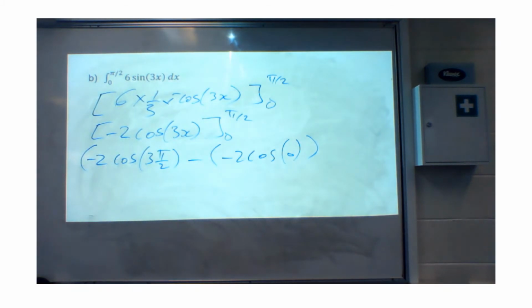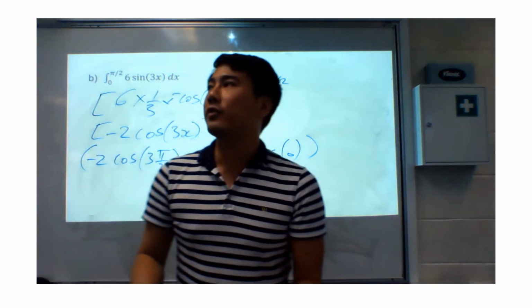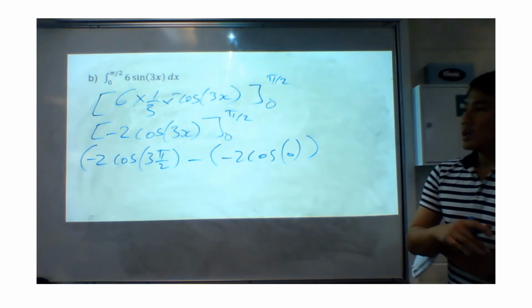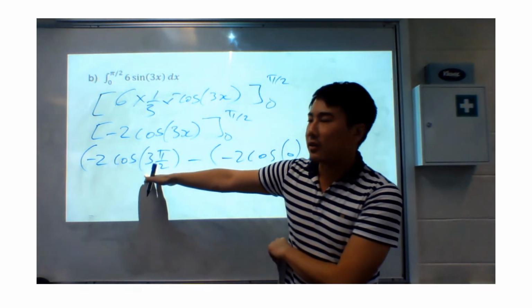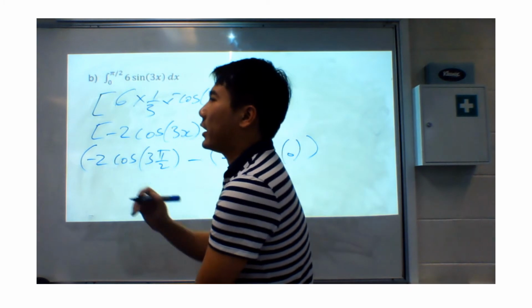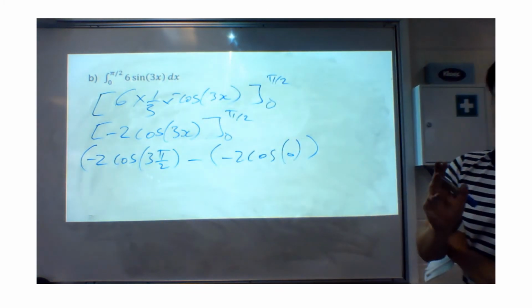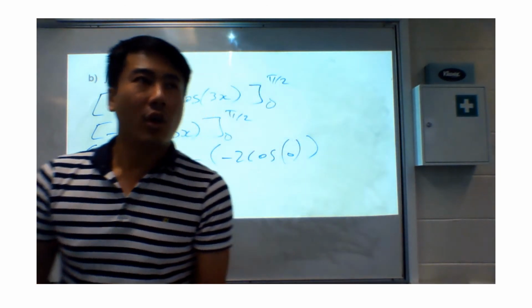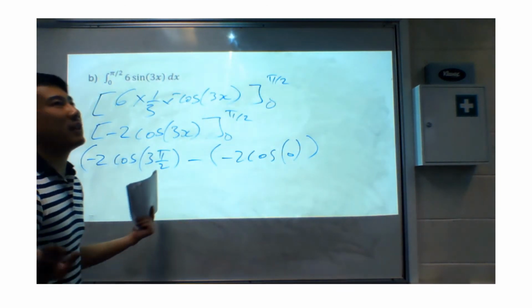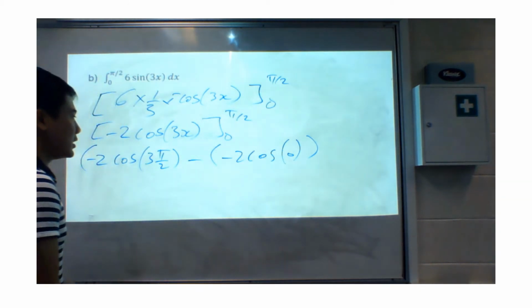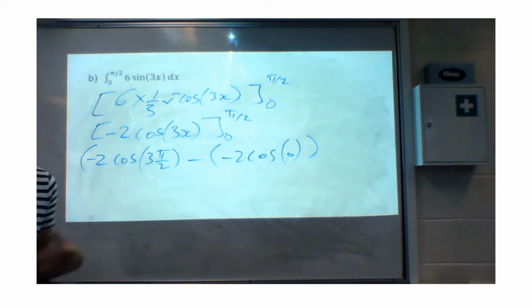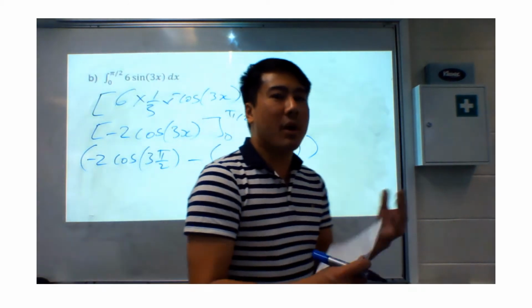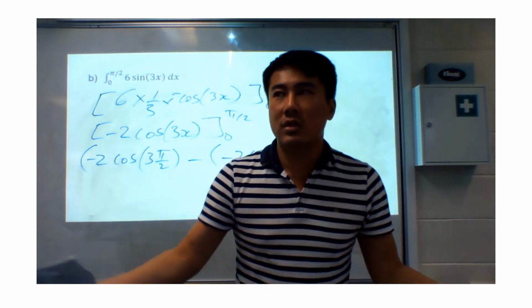Alright, this is the part that a lot of you might be stuck on. What is the exact value for cos 3 pi over 2? If you can't remember it, maybe plot yourself a graph. Or maybe some of you might prefer to think about it in degrees. If pi is 180 degrees, 3 pi over 2 would just be 270 degrees.